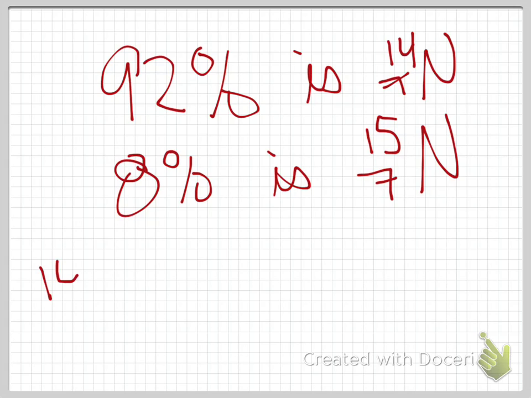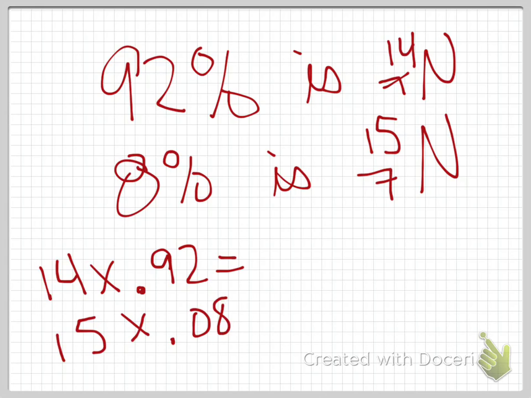So I'm going to say 14 times 92%. And what do we do with percents? Change them to decimals. 0.92. And then 8% times 15, so 15 times 0.08 equals. I'm going to get my handy-dandy trusty calculator.